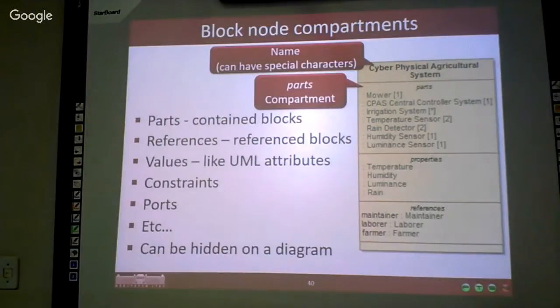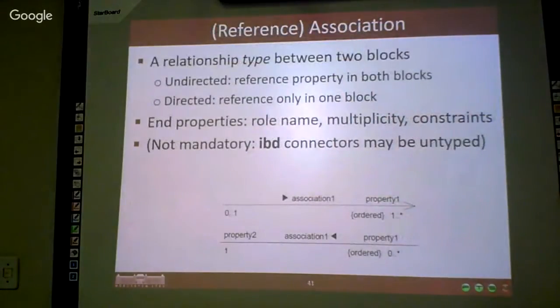This is the parts compartment. So here you can see the contained blocks, and also it can have references to other blocks. It can have values like UML attributes. You can define constraints to our blocks, ports, and you can also hide these blocks on the diagram.